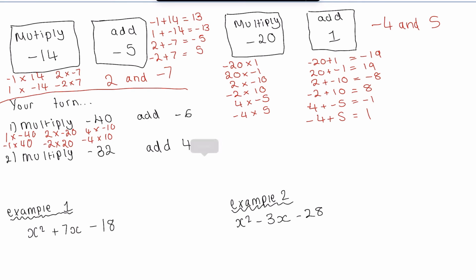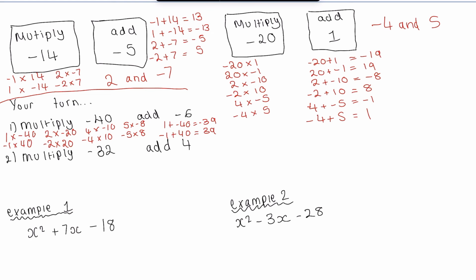Our next one, we could have 5 and -8, or -5 and +8. And I think that's about it. So let's have a go at adding these together. So 1 plus -40, and the opposite way. So let's do those first. That gives us -39 and +39.